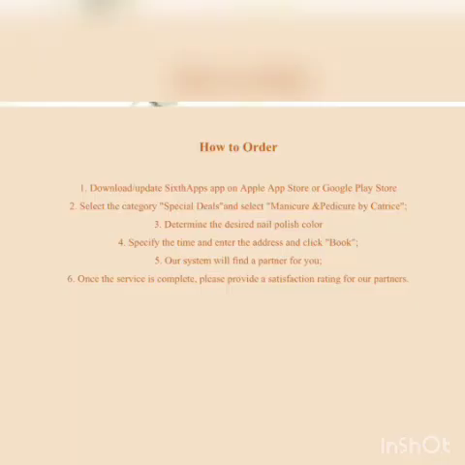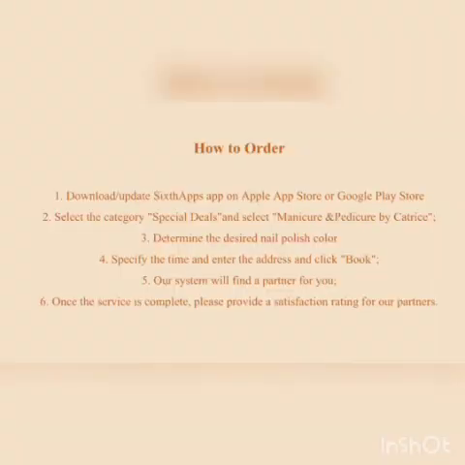Fourth, specify the time and enter the address and click Book. Fifth, our system will find a partner for you. Sixth, once the service is complete, please provide a sufficient rating for our partners. Thank you.